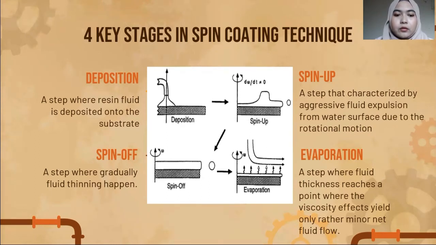And lastly, stage four is evaporation, a step where the fluid thickness reaches a point where viscosity effects yield only rather minor net fluid flow. The evaporation of any volatiles becomes the dominant coating method at this stage.